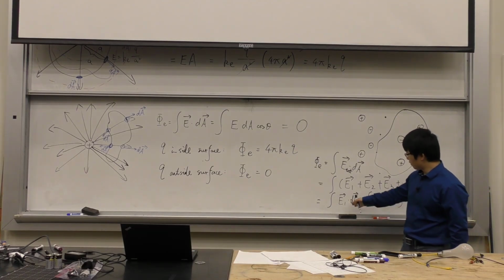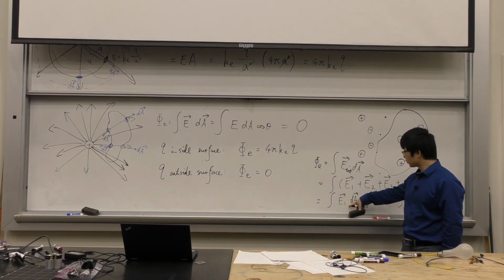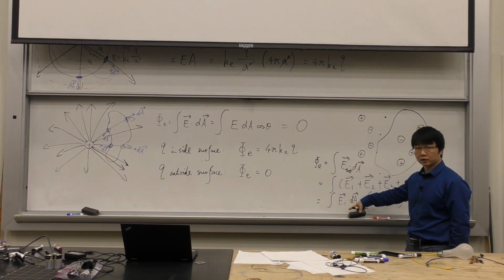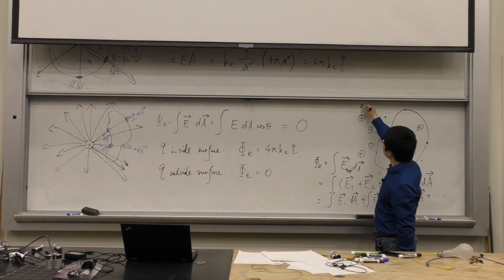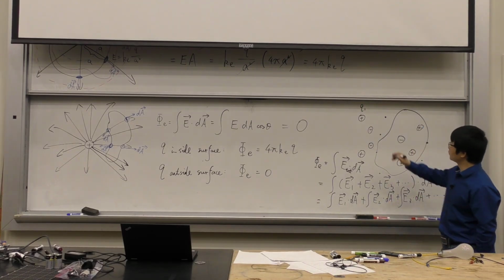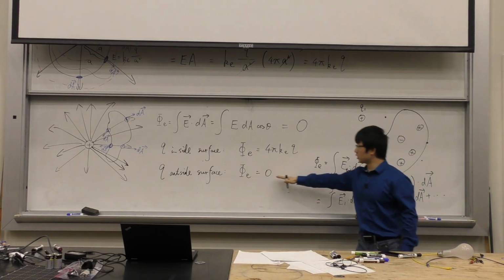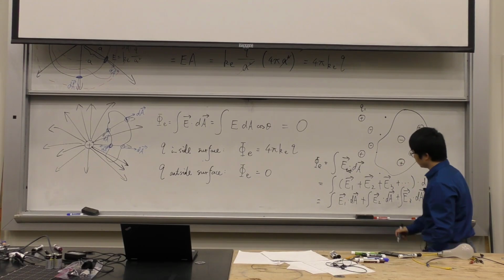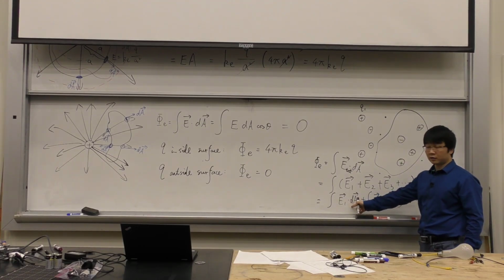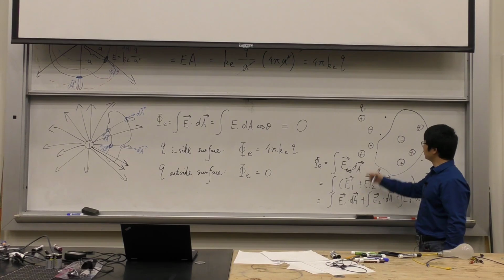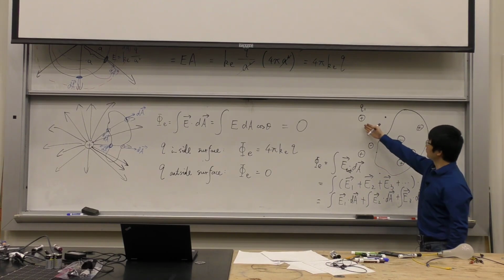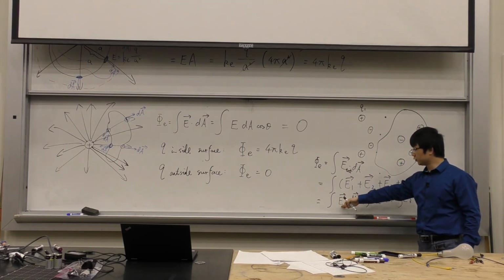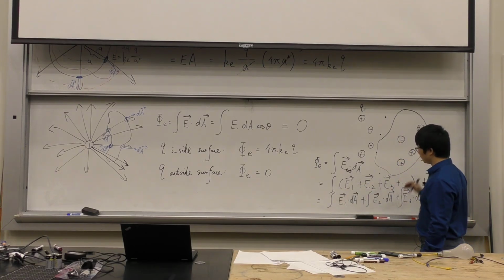But then you see that this term is just going to be the electric field created by the first charge, right, through the surface. Say this is Q1. I just need to calculate the contribution from Q1. And then I can use this conclusion, right? Because Q1 is outside the surface, so this term is going to be 0. Look at this term. You remove all the other charges. You only have Q1 here. You calculate the electric field from Q1 through this surface, right?